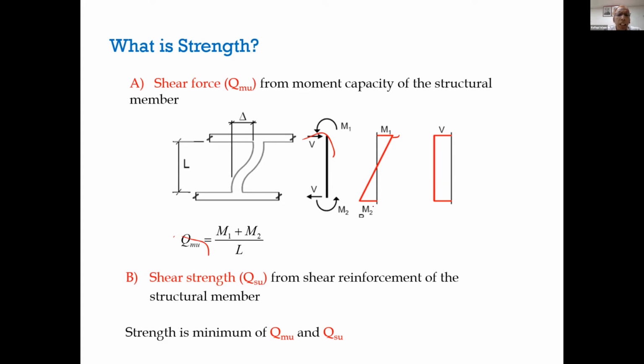And there is another capacity of the column, that is from the transverse rebar. That is defined as Qsu. Whichever is smaller is the strength of the column.